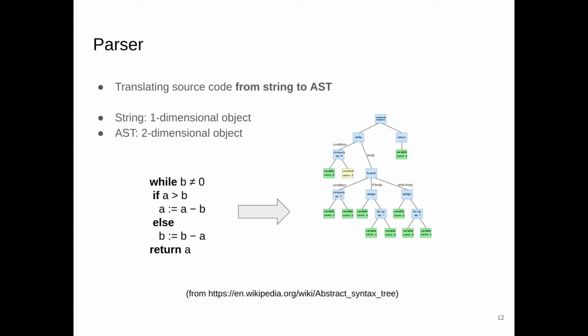So basically, every program as you imagine it in your mind is a two-dimensional object consisting of nodes and edges, which is basically a tree. But it is written as a string in the file. So we need to translate this one-dimensional object to a two-dimensional object.